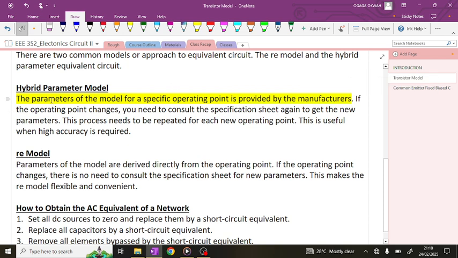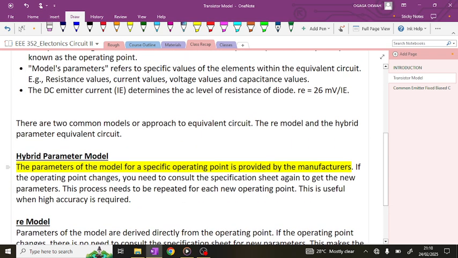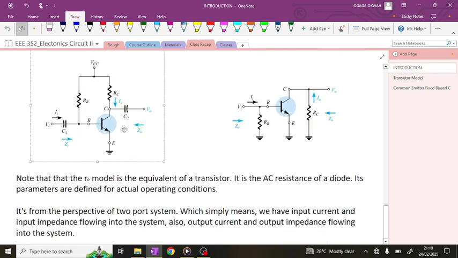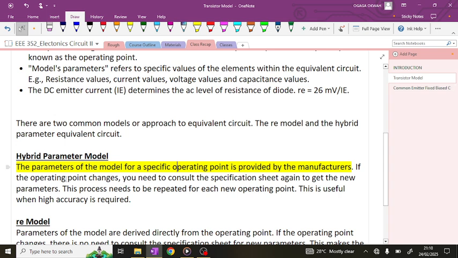Remember model parameters: they are resistance value, current value, and so on, of the equivalent circuit. So when we take the equivalent circuit to the AC domain, those parameters, the resistance, current, voltage, all those things, will be determined by the manufacturer.